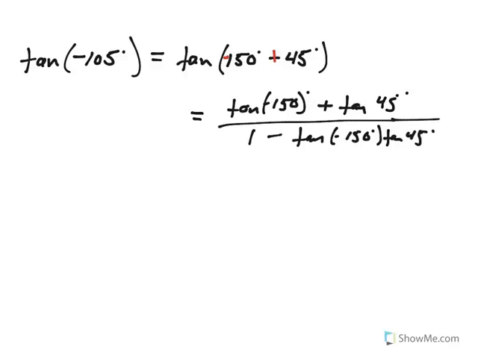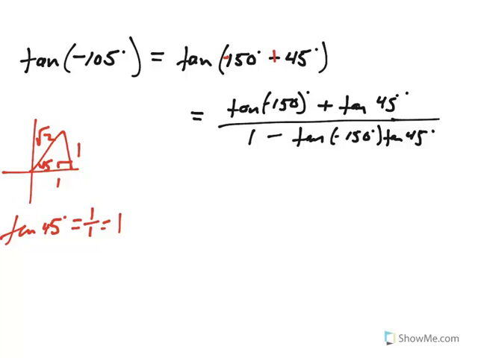So to finish this, I have to know what tangent is of 45 and 150. 45 degrees, hopefully you know by now, is 1. 45, 45, 90, the legs are the same. Hypotenuse is the square root of 2. Therefore, tangent of 45 degrees is y over x, which is 1 over 1, which is 1.